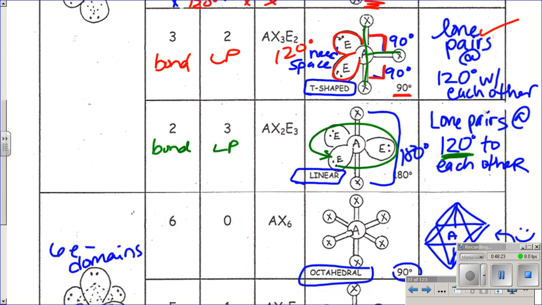The lone pairs are at 90 degrees from the axial bonds, but they're still 120 from each other, so we're doing good. And you guys will mess with this in the lab a lot. After that, though, when you consider only the atoms from X to X, they are 180 degrees from each other. So it is a linear appearance.